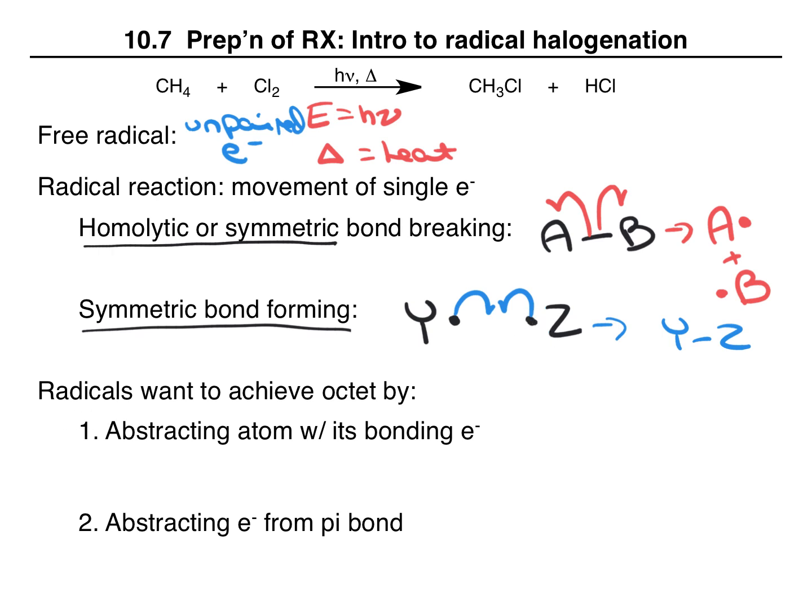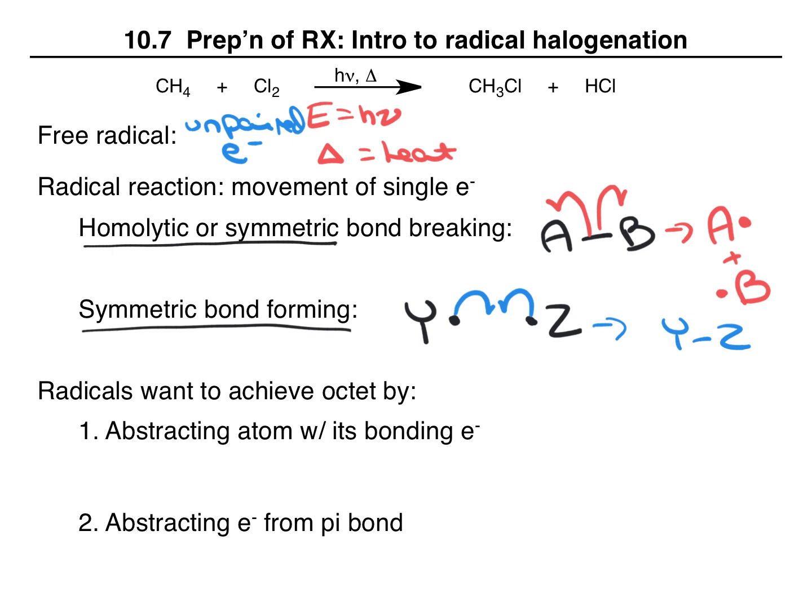So because radicals have unpaired electrons and they are electron deficient, that makes them reactive. They're reactive because they don't have an octet, and so radicals want to achieve an octet. Now they can do that by abstracting an atom with its bonding electron.